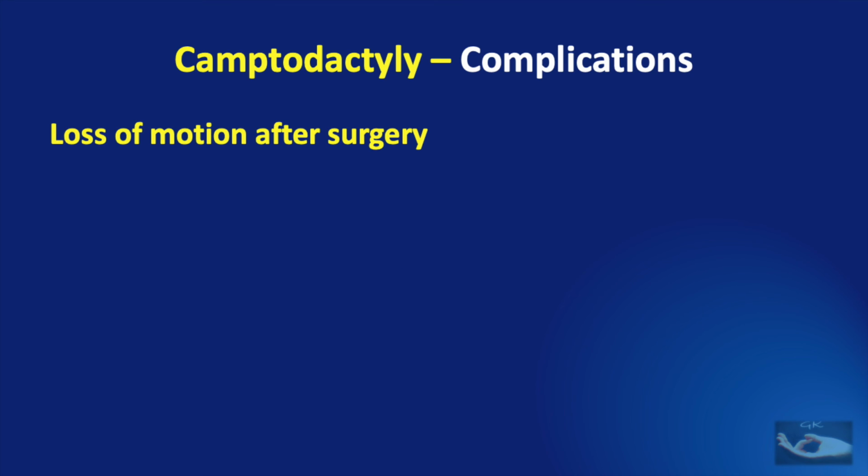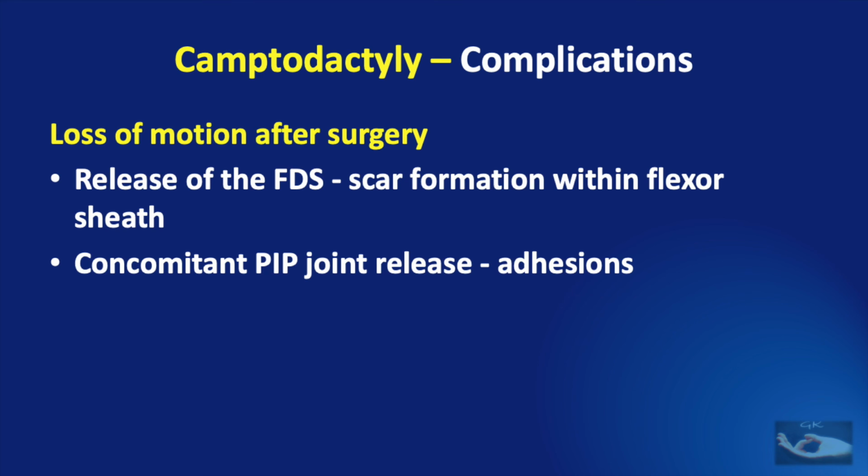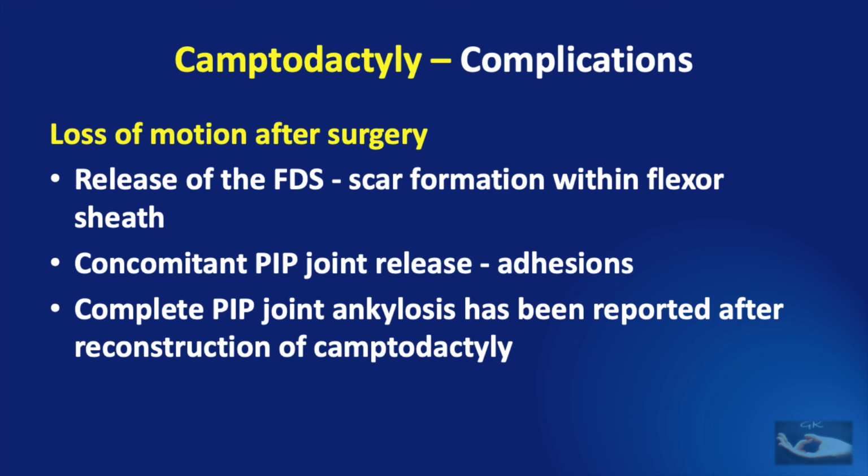The next important complication may be loss of motion or flexion after surgery. This could occur due to the release of the FDS with subsequent scar formation within the flexor sheath, due to the concomitant PIP joint release resulting in adhesions and less movements, or even rarely complete PIP joint ankylosis.